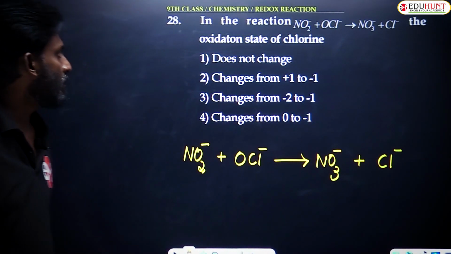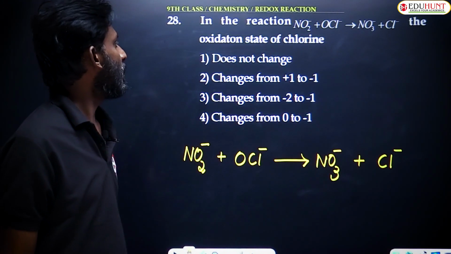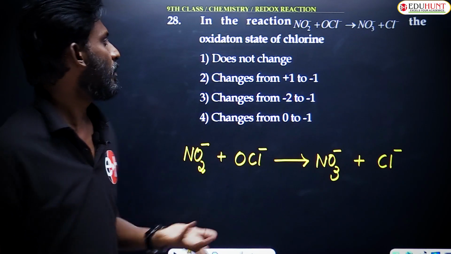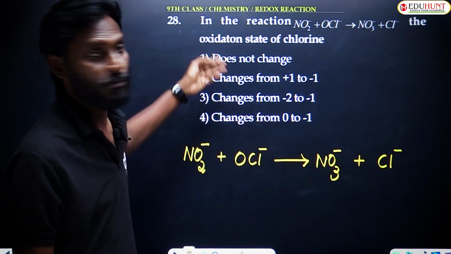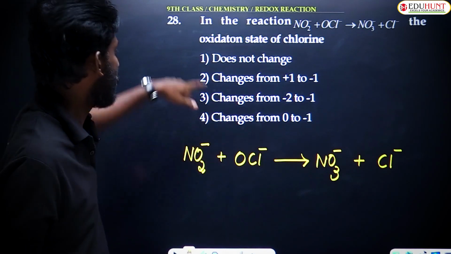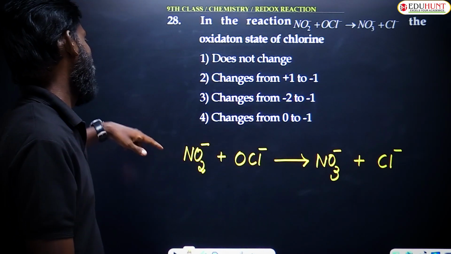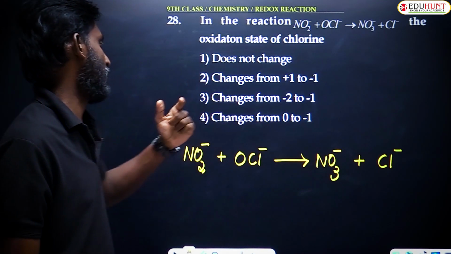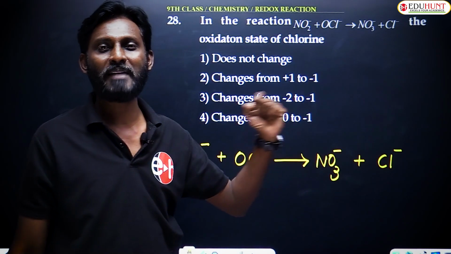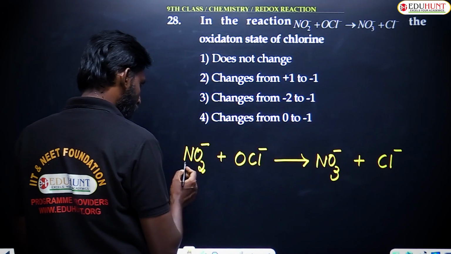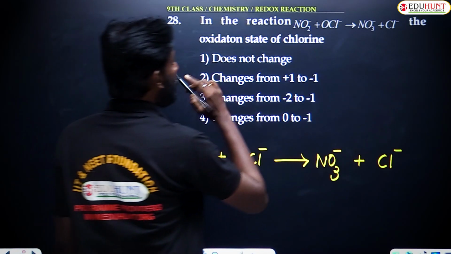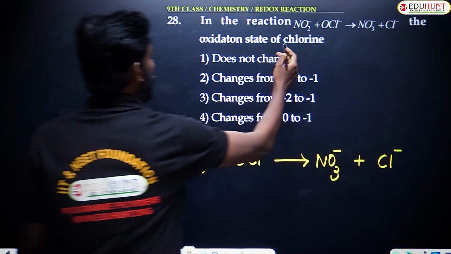Are you able to see that reaction clearly? In the reaction, the oxidation state of chlorine, we are going to look by the options: does not change, changes from +1 to -1, changes from -2 to -1, changes from 0 to -1. We are going to determine the oxidation state of chlorine.